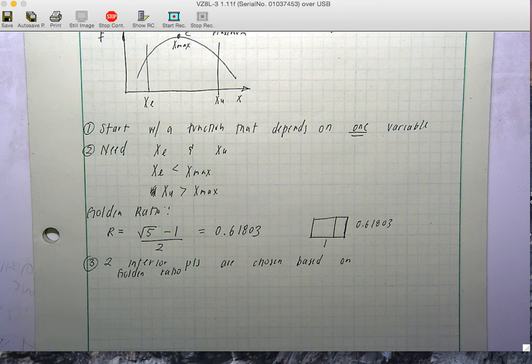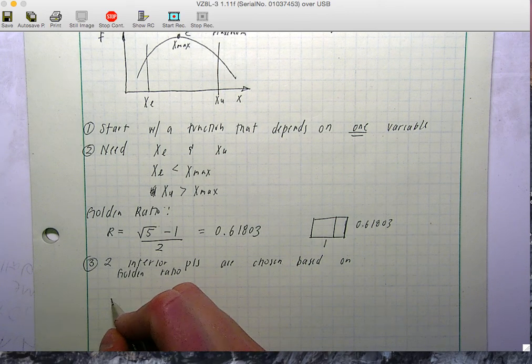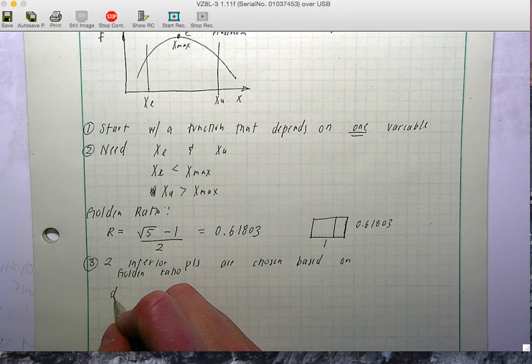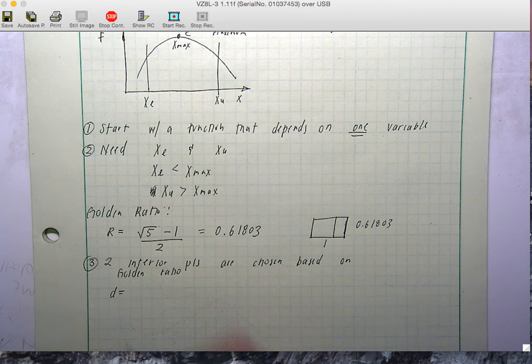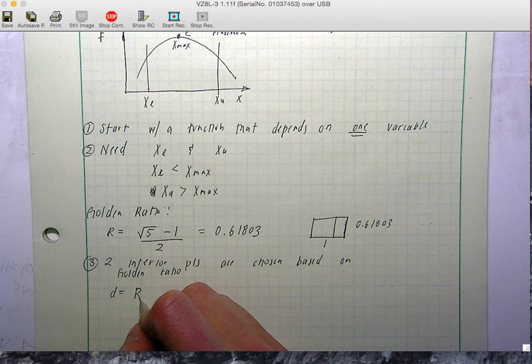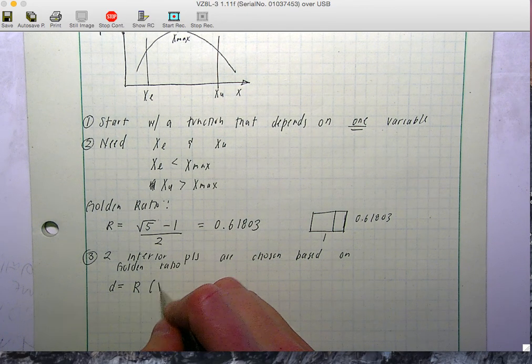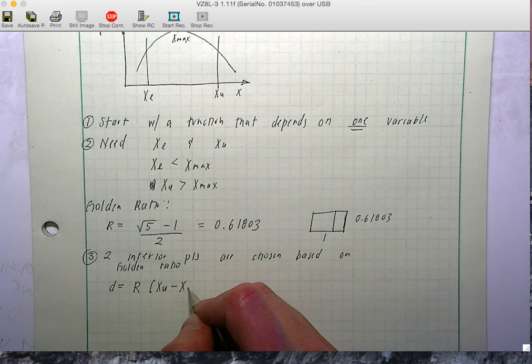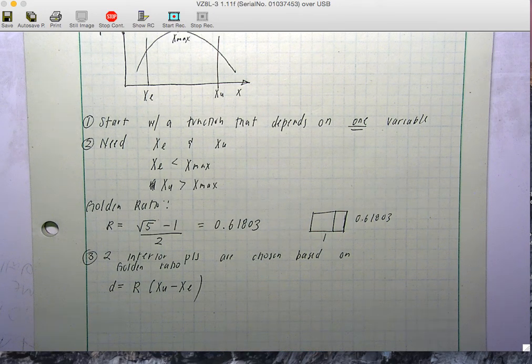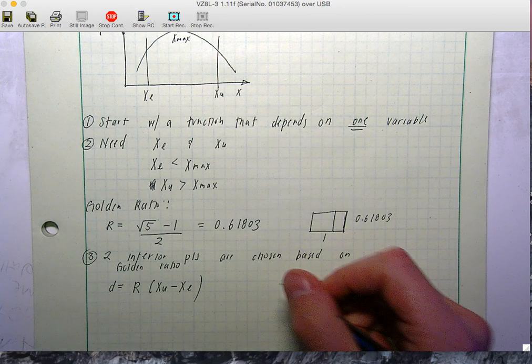So the first thing that's done is you need to calculate the distance that you're going to use based off of that 2/3 ratio basically. So you're going to take that R percentage and multiply it by the size of your bracket.